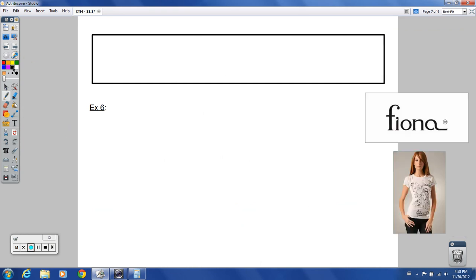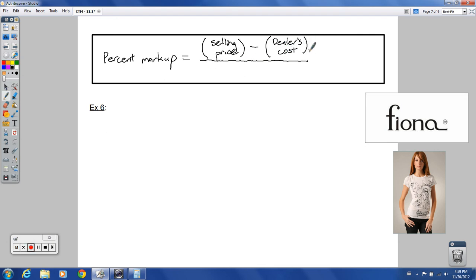So let's do another one here. We've got percent change and we have something called percent markup. So percent markup is very, very similar to what we just did. I'll show you how it connects in just a little bit. So the percent markup is the selling price first, minus the dealer's cost, divided by the dealer's cost, times 100.